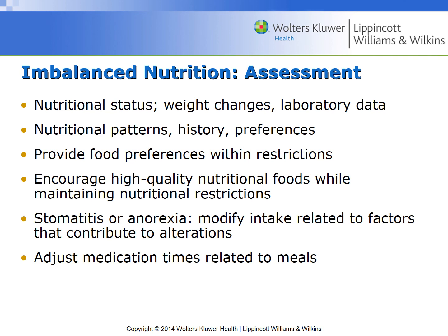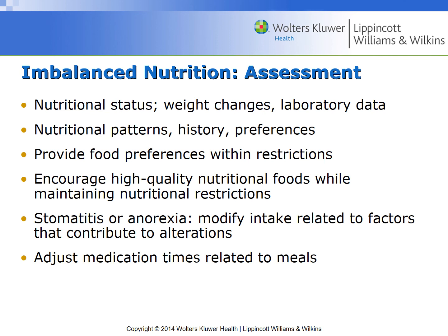Nutrition, we've got to definitely assess the status there, weight changes, the labs, we've got to look at all that. What's their pattern, their history, what do they prefer? So what foods they can eat, we want to have those available for them. And again, staying within that prescribed diet and fluid restrictions as well.